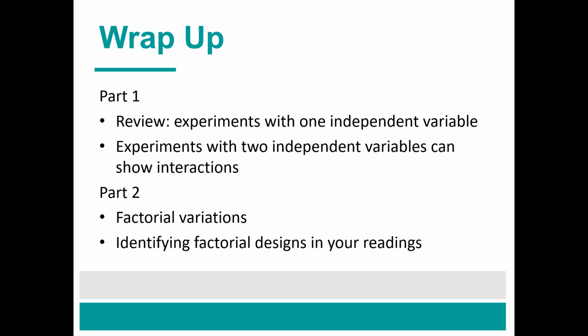Here, we discussed that such experiments look at the main effects of each of the independent variables separately, as well as observe interaction effects between the 2 independent variables. We discussed how to recognize effects in table and graphical form. Finally, I presented a list of the 8 possible outcomes you could get when performing a 2x2 factorial design, or a study that has 2 independent variables, each with 2 levels to them.